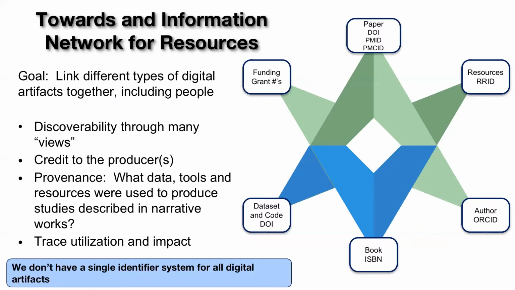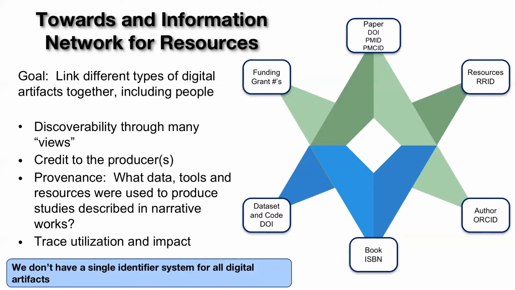So we have this whole collection of information with these sets of identifiers. Again, there's not a single identifier for all digital artifacts, because identifiers have specific purposes. For papers, digital object identifiers are the standard way to identify them. Authors are identified by the ORCID.